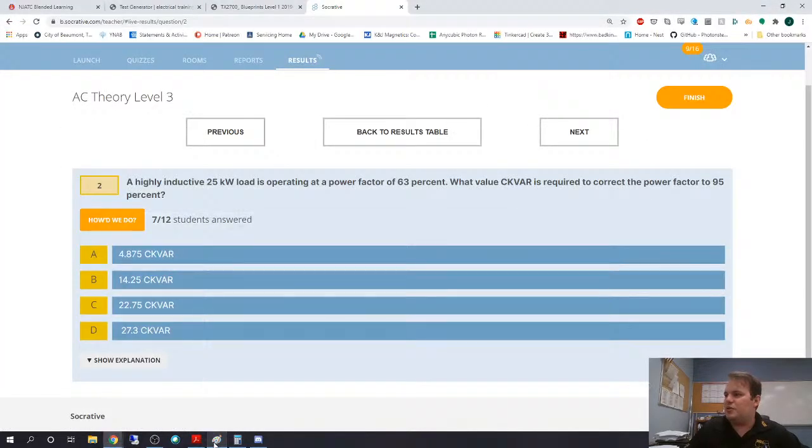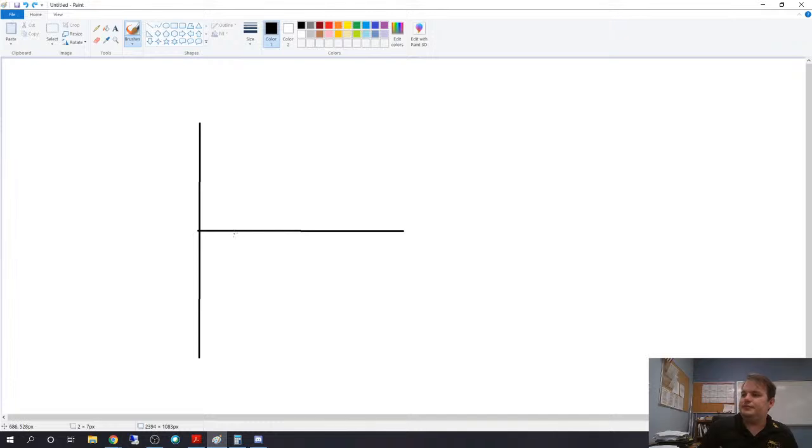Okay, so what numbers are we working with? 25. A trick here is to ignore the kilowatt part of it, because everything you're working with is in kilo, so it's going to make the numbers a lot smaller to have just VARs and watts. So we're going to use 25. We have 25 watts.